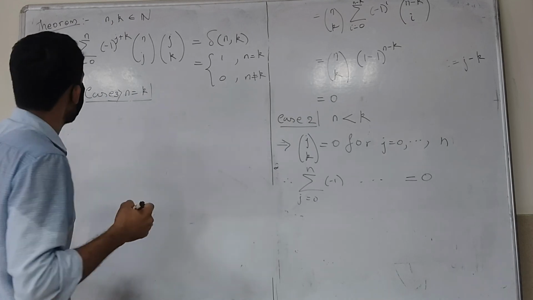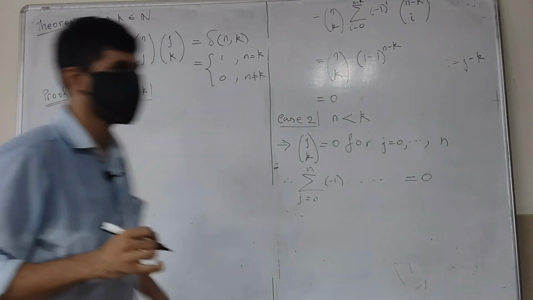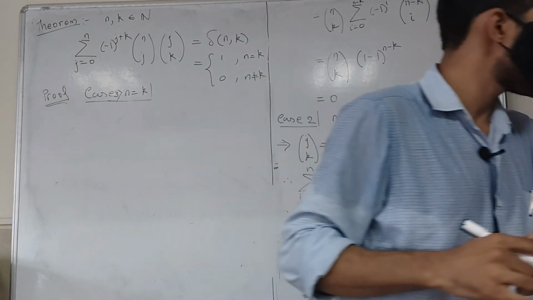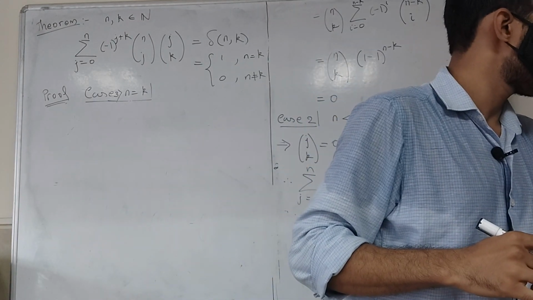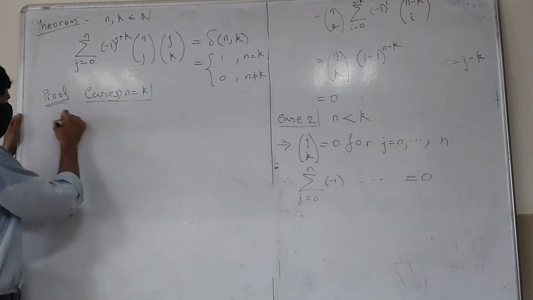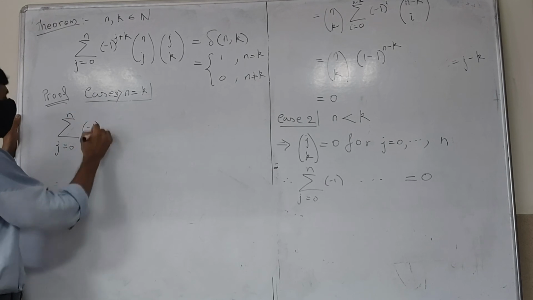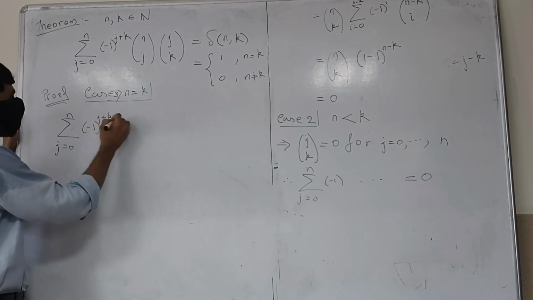So what do you get when n is equal to k? Yes, anyone? You can see here also most of the terms will disappear. Only one term is left.